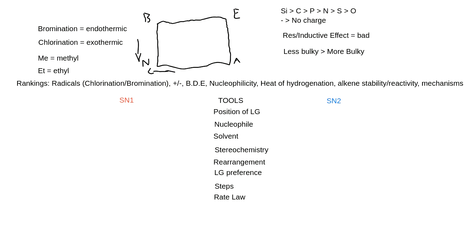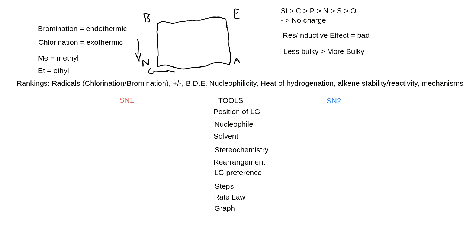And then, of course, the graph. Again, not too important, but you might see it in lecture. All right, so here are about nine different tools that you can use to see if it's SN1 or SN2.